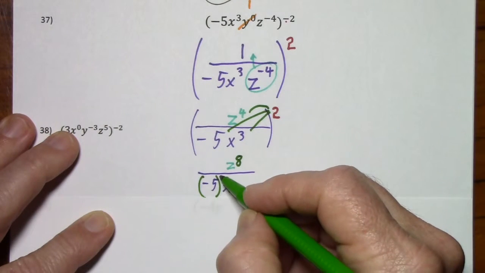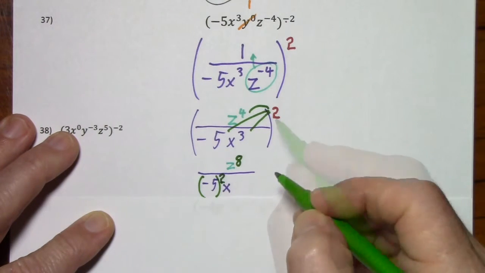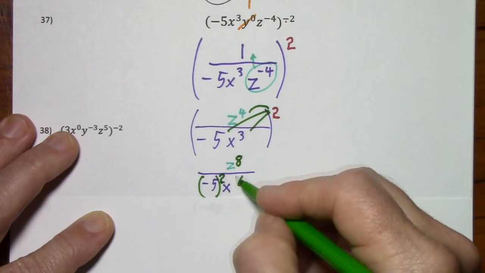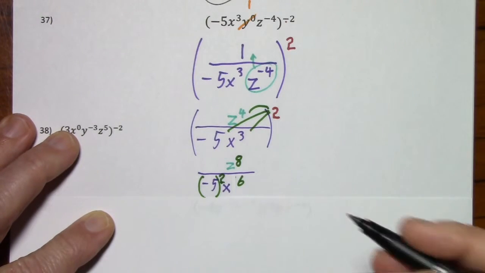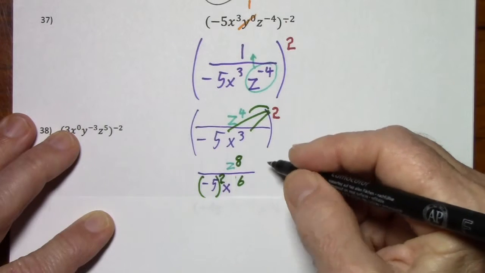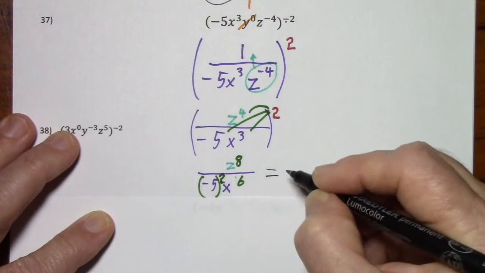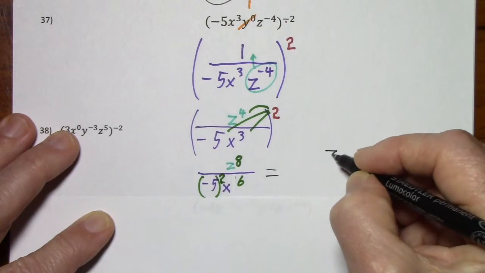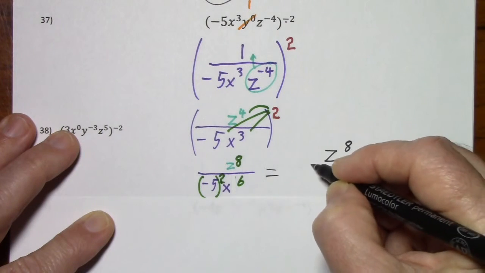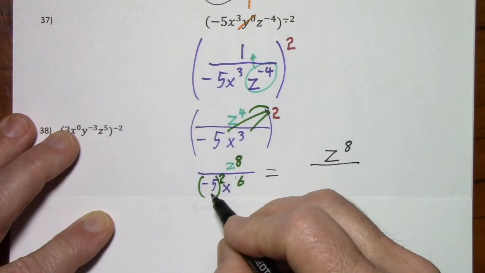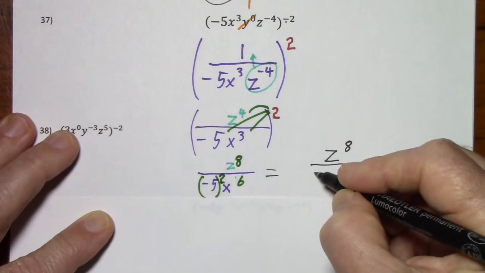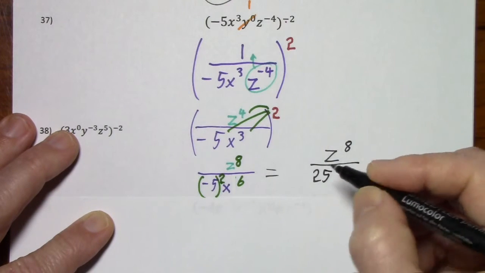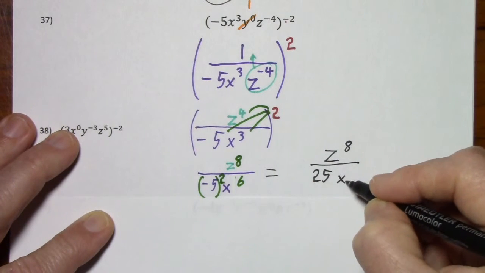So you need to think of it as in the parentheses. And 2 times 3 is 6. I've kind of run out of room going down, so I'll go sideways. We have z to the 8th. This gives us 25. And x to the 6th.